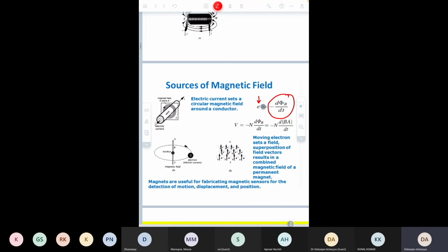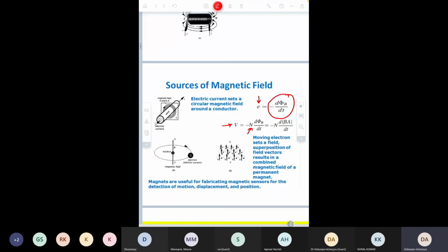Fine. So the electric current sets a circular magnetic field around a conductor, and that magnetic field is proportional to the induced EMF. And if you have n number of turns in that coil, that can be represented as V is equal to minus n d phi by dt.